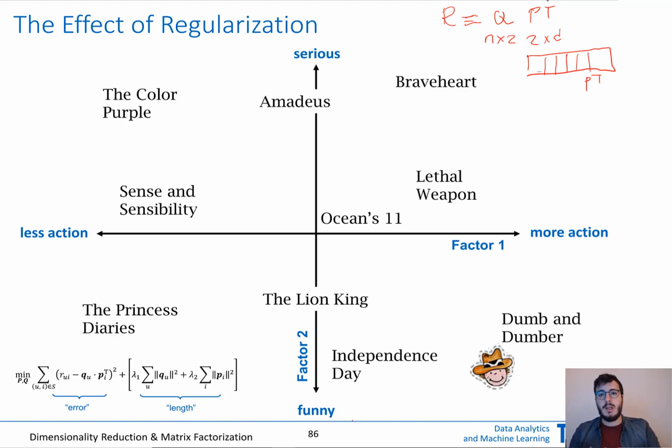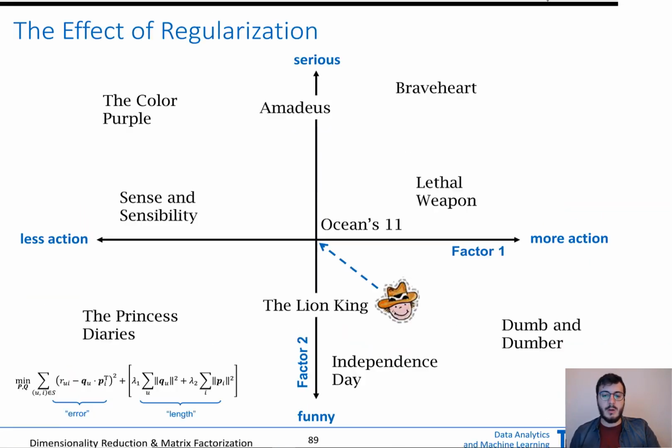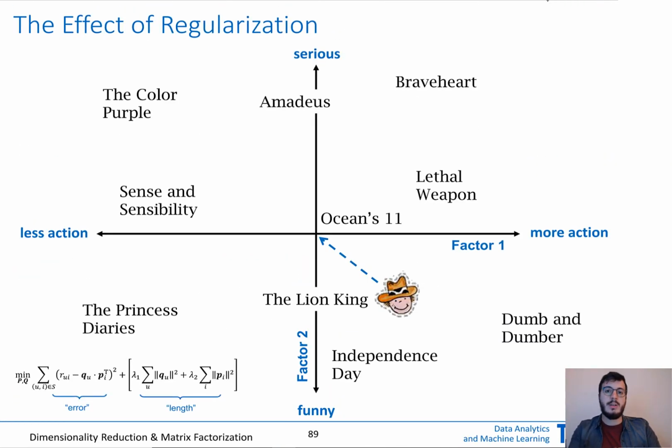Well, because lambda penalizes the norm, and you can think of the norm as the length from the latent vector to the origin, as we increase lambda, we should expect that the length gets smaller and smaller. And this is indeed what happens. So as we increase the regularization, the latent factor for this movie gets closer and closer to the center.